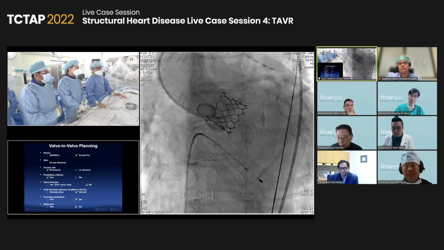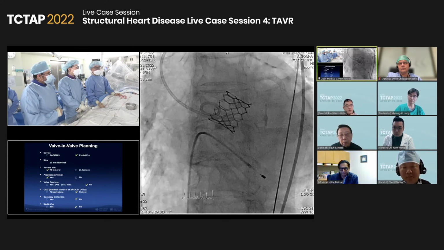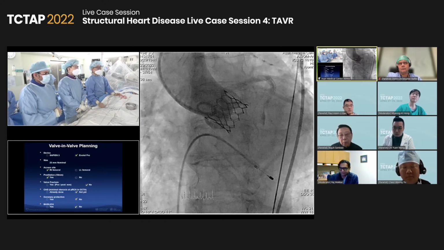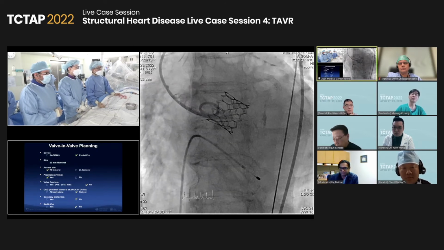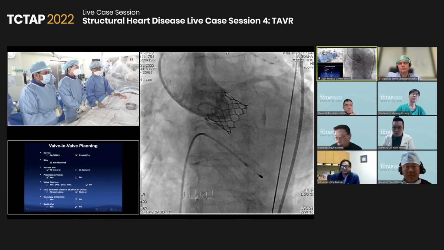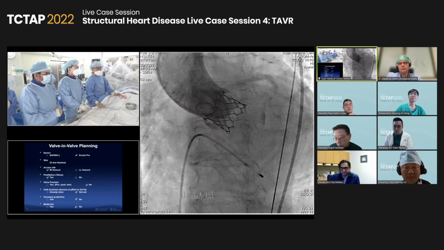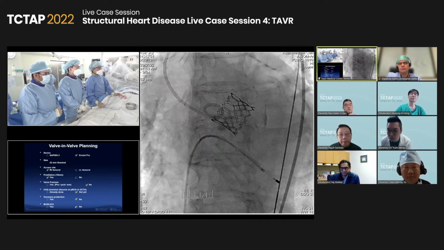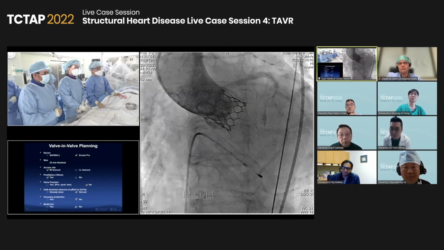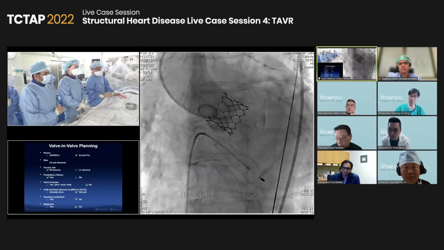Our echo specialist, on transesophageal echo, first suspected leaflet thrombosis, and second, valve degeneration. Our CT specialist also first suspected leaflet thrombosis, and second, valve degeneration. So for the last 6 months, we kept the NOAC for 3 months, and then we changed to warfarin.